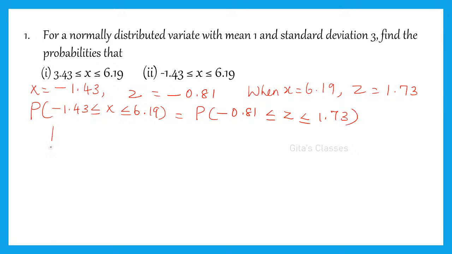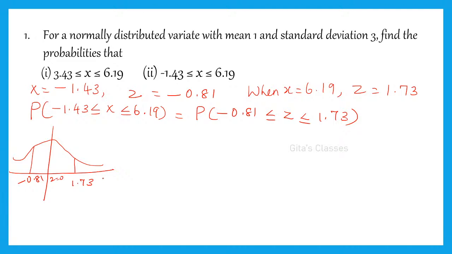Please remember, whenever you have negative values, you have to write them on the left hand side of z is equal to 0. So minus 0.81, and on the right hand side, plus 1.73.